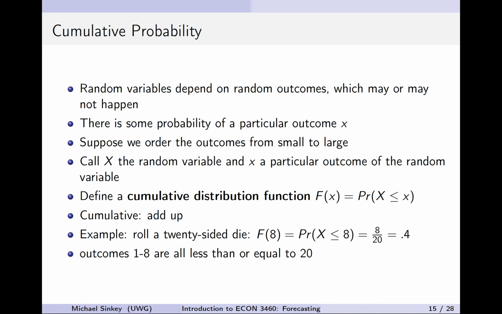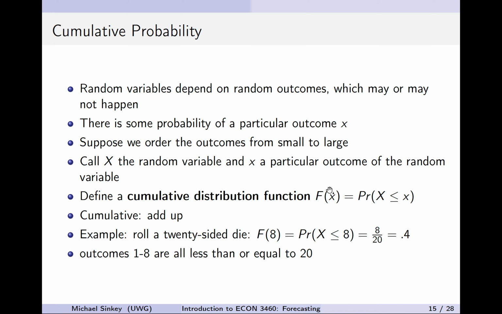There are 20 different small x's, 1 through 20, and the outcome of the die is a random variable. So whatever is realized is the random variable, and there are certain probabilities for each of the outcomes of the random variable. Now, this is what we call a discrete random variable, in that we can count the number of outcomes.